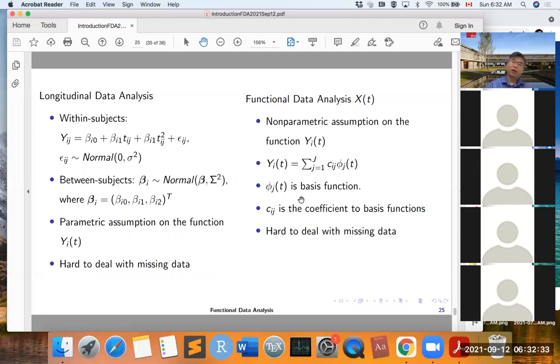In the past, we would treat longitudinal data analysis as working more on sparse data, where the data is only measured over a few time points. Functional data typically works on more dense time series, but you can see now that functional data can also work on sparse data as well.